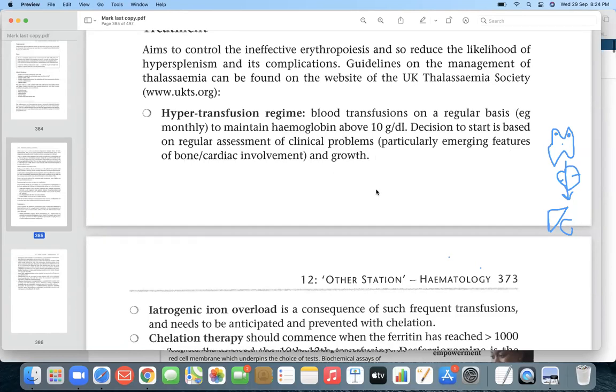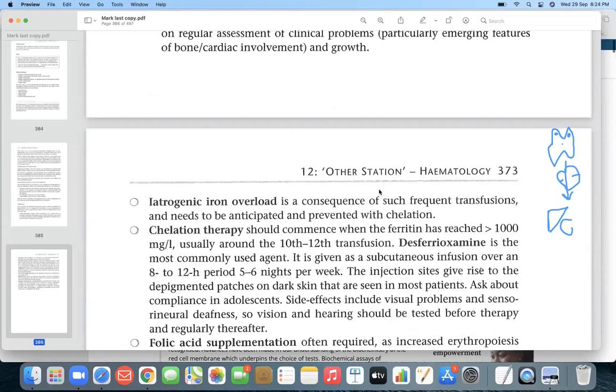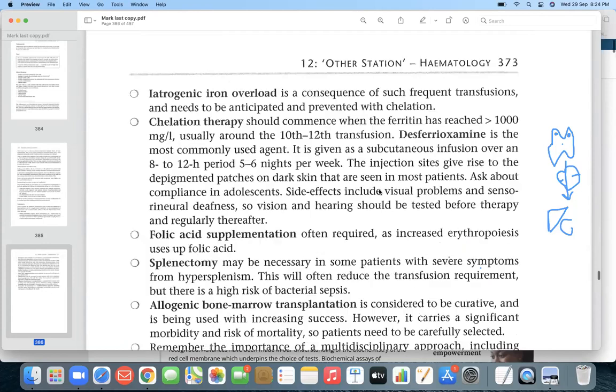Any bone involvement, like frontal bossing, malar hyperplasia, problems with iron overload, and also growth: stunted growth, delayed puberty.